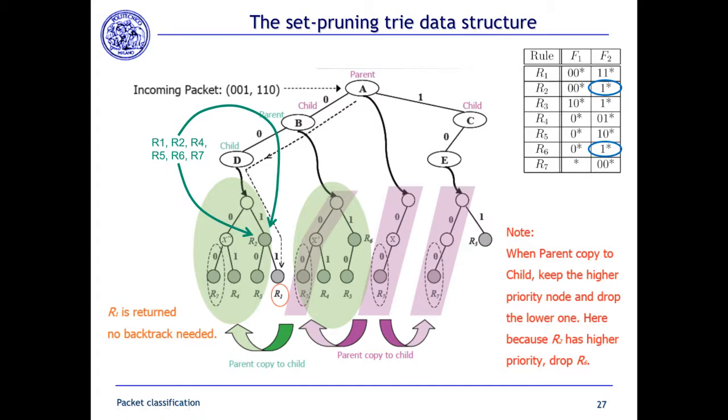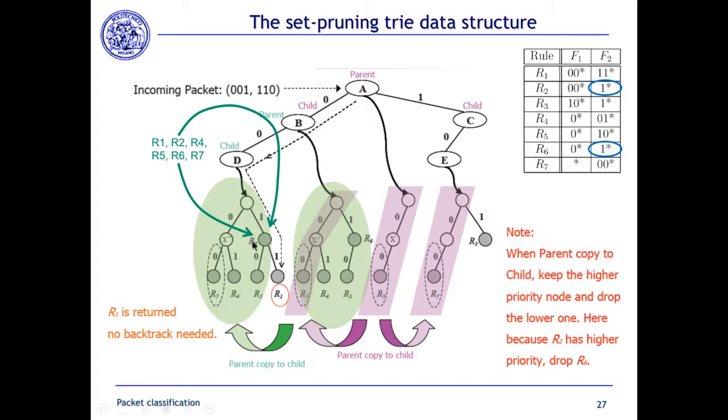So we have a collision of rules, a conflict, and we have to adopt an approach similar to what we saw for IP address lookup when we talked about prefix capturing. In this case, we don't have the concept of longest prefix, but we have the concept of priority.